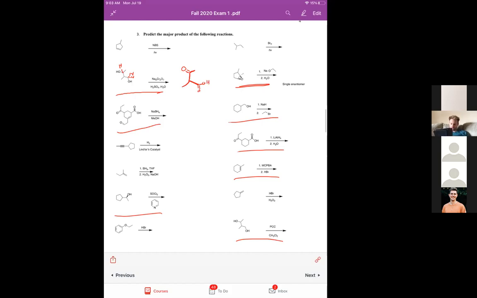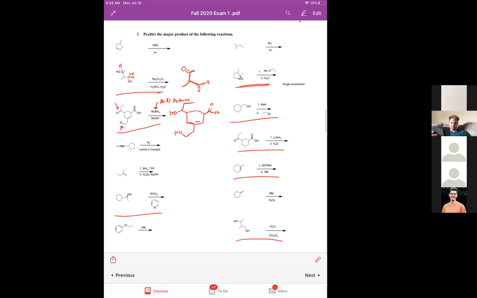NaBH4 is our soft reducing agent. It's only going to reduce aldehydes and ketones, which means that it's only going to touch this center and this center here, meaning we can draw the rest of the molecule as is. And end up with alcohols in these 2 centers.